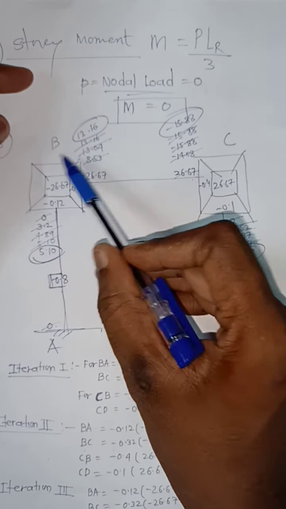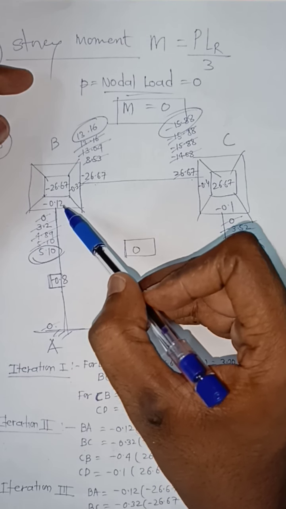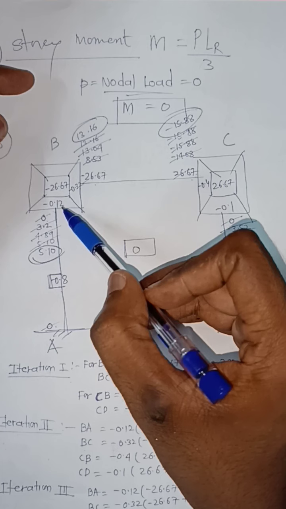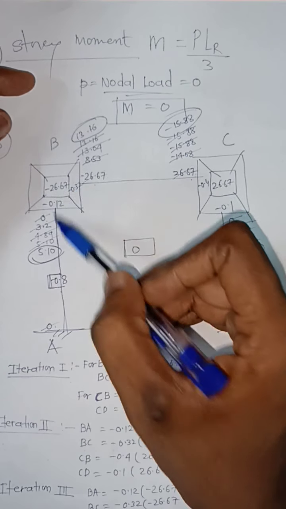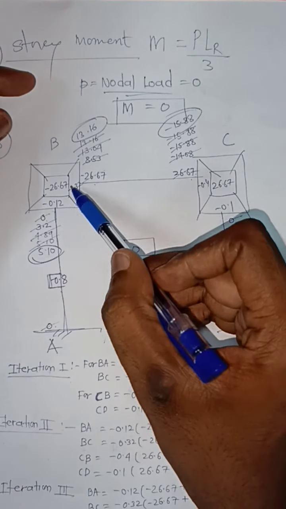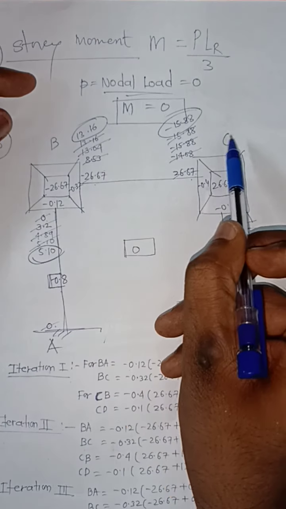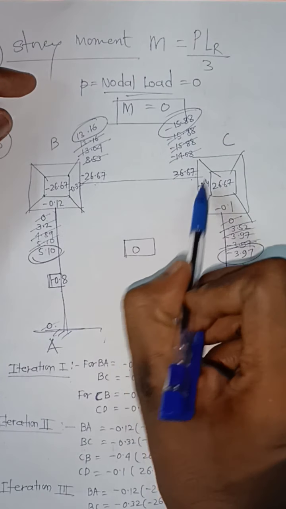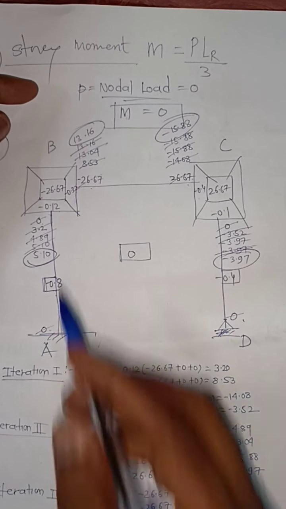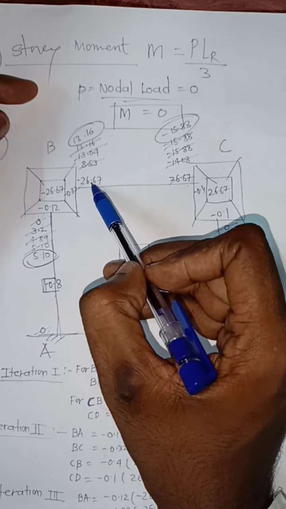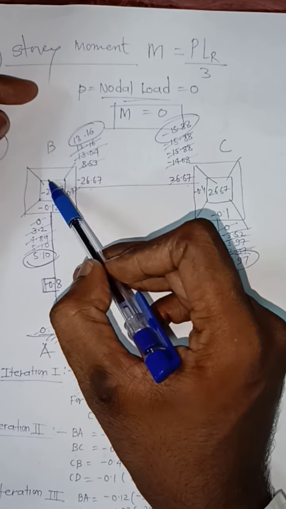Now, after writing this, you have to write the rotation factors that we already calculated in step number 2. For BA the rotation factor was minus 0.12, BC it was minus 0.37, CB it was 0.4, and CD it was minus 0.1. After this, you have to sum the fixed end moments of the respective joint.